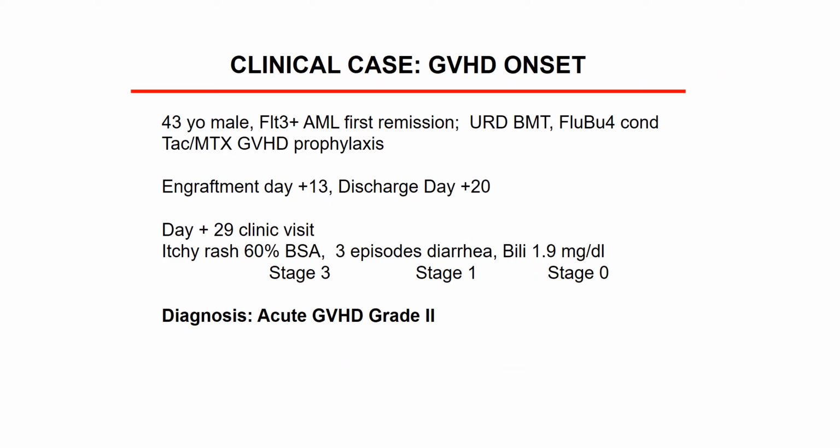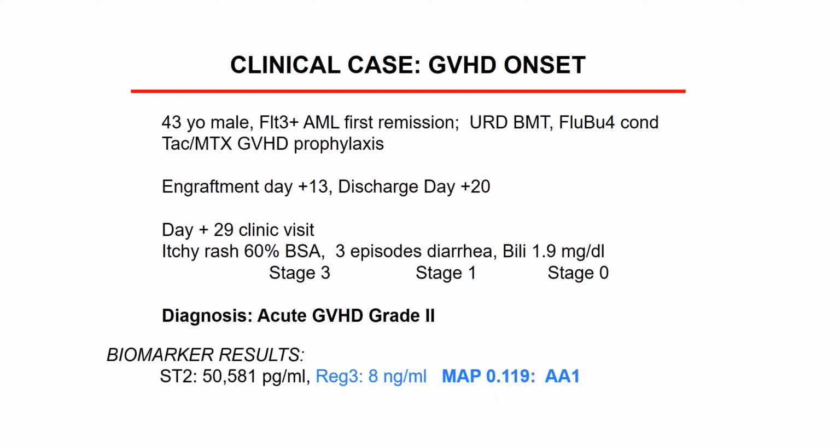But he comes back 9 days later, and he's got an itchy rash that looks like GVHD. It covers about 60% of his body surface. He's had 3 episodes of diarrhea, so that's stage 1 GI, and his bilirubin is 1.9 milligrams per deciliter, so that's stage 0 liver. So overall, he's acute GVHD grade 2.